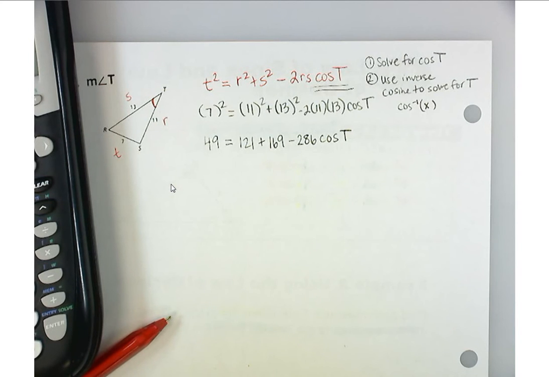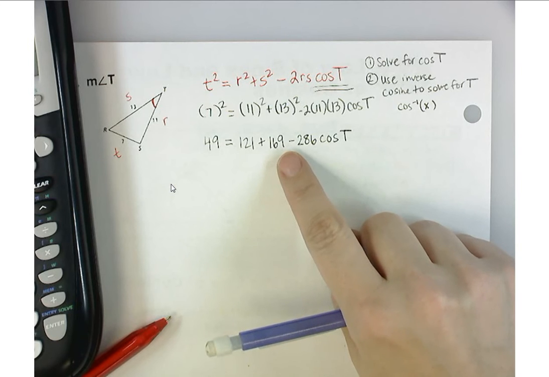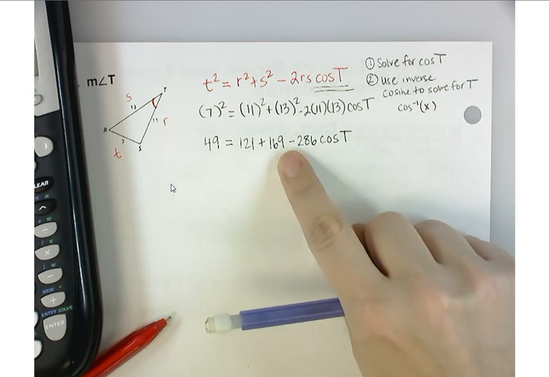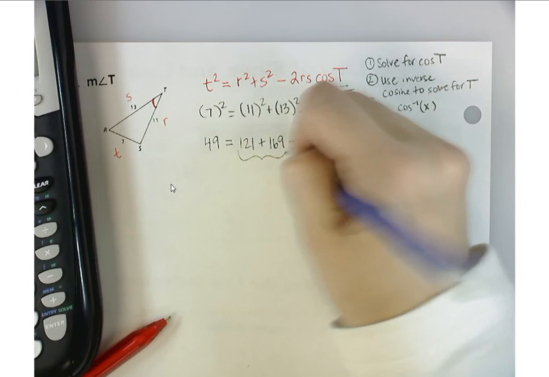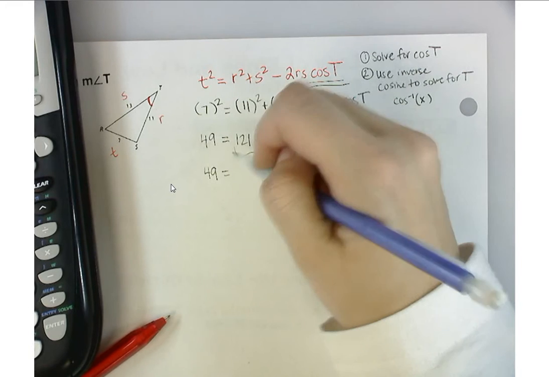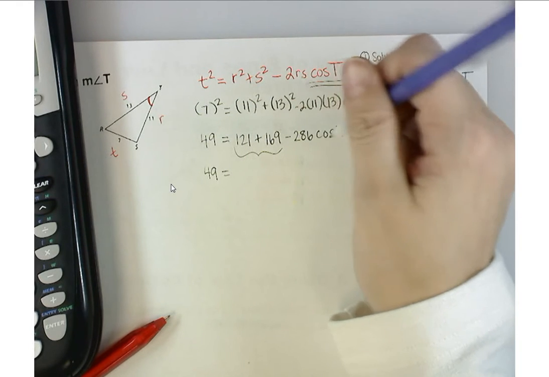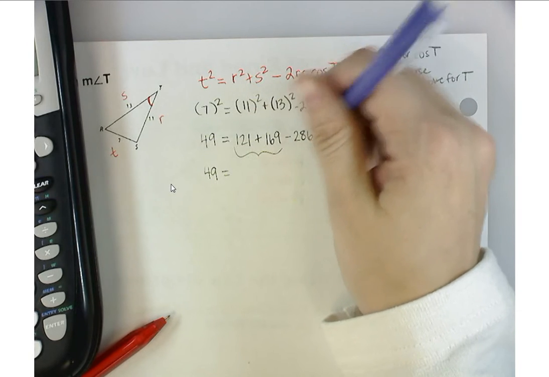Now remember, I said earlier, this is usually where people mess up. You cannot subtract those. You can add these two together because they don't have any multiplication. According to the order of operations, you'd have to multiply before you can add or subtract, and that's why I can't combine this with any of these.